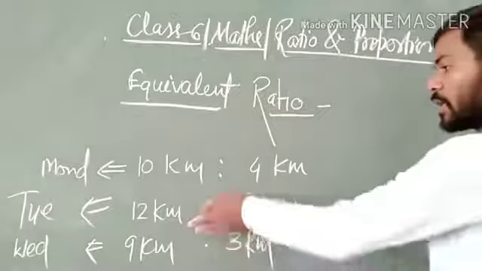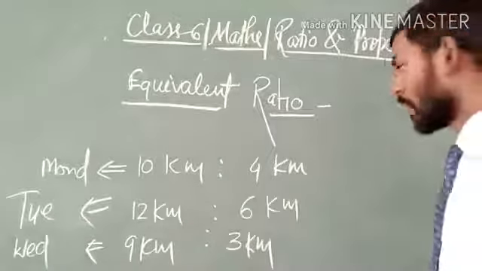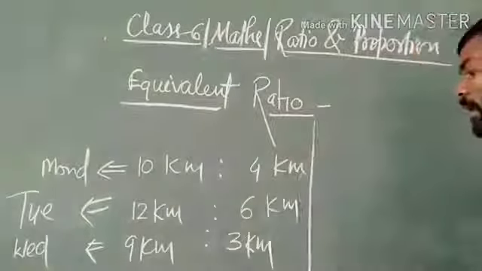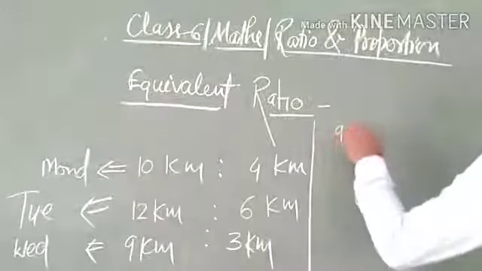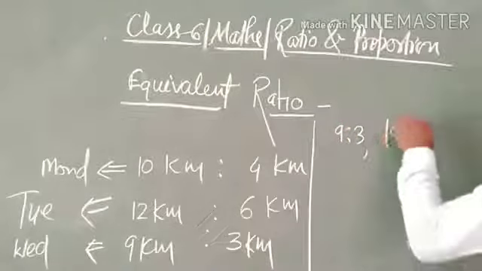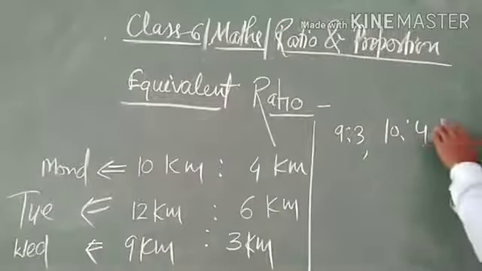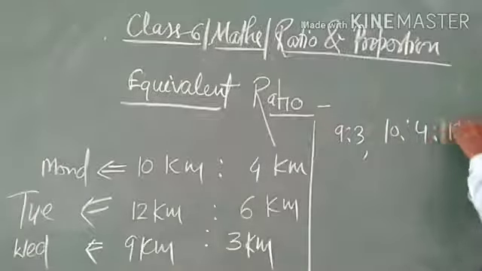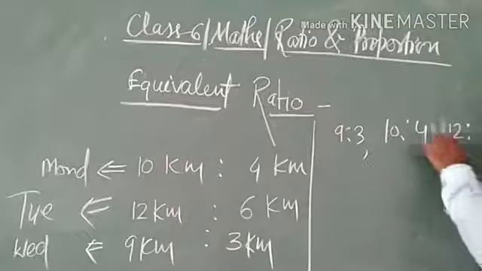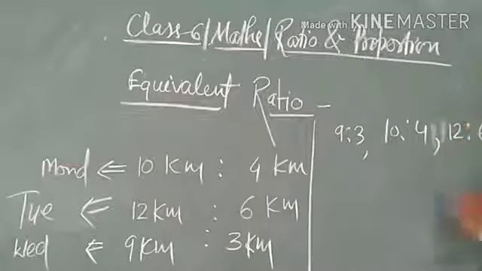So if we arrange this in order, we have 9 ratio 3, 10 ratio 4, and 12 ratio 6.